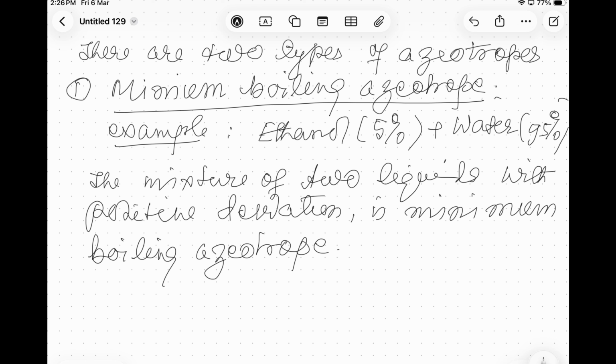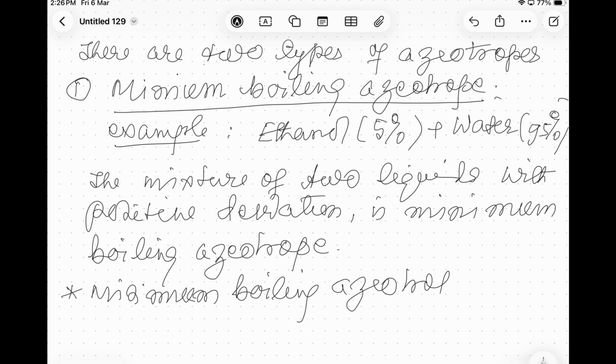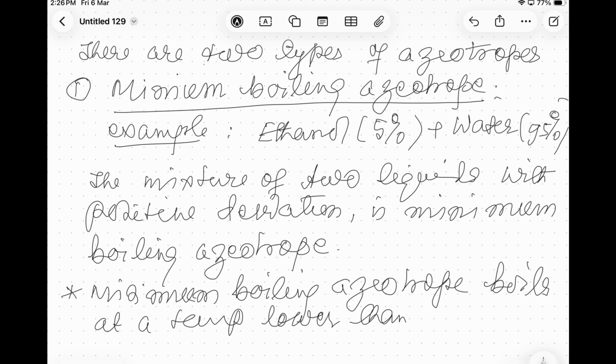In this case, the minimum boiling azeotrope boils at a temperature lower than either liquid in their pure state.